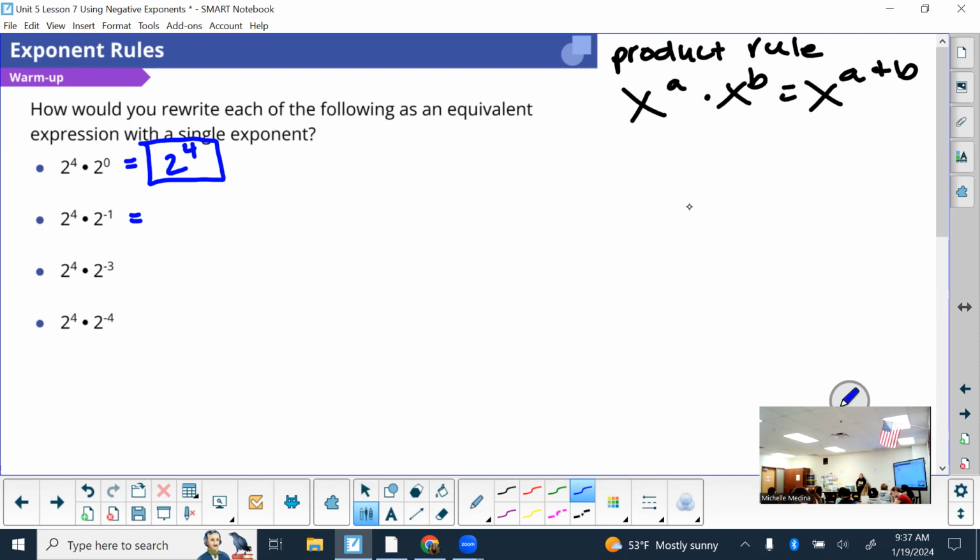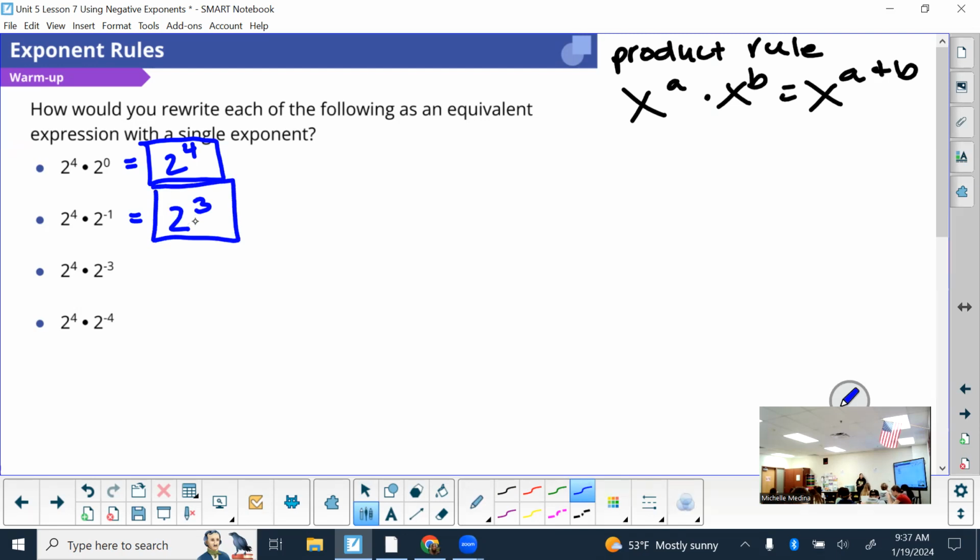So 4 plus negative 1 is... you just put that away from me. Yeah, but some people need a calculator. Okay, but 2 to the 3rd is correct for this one.